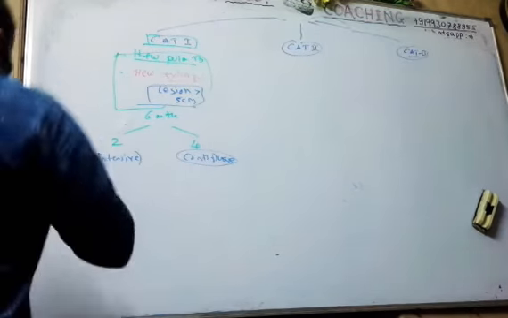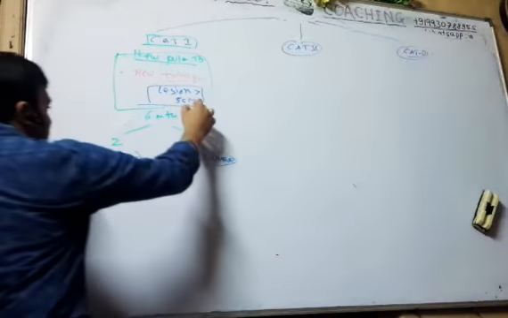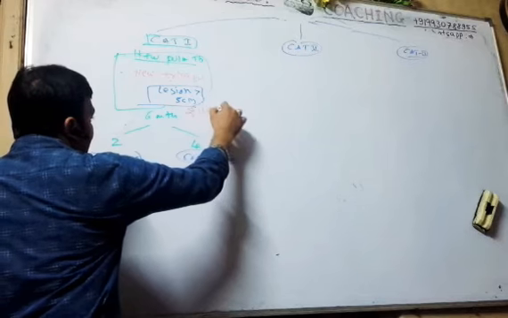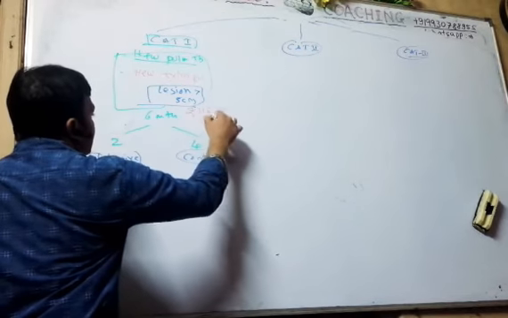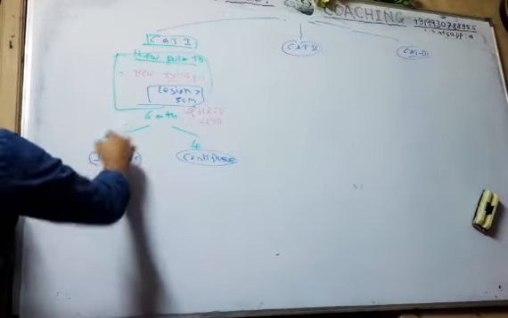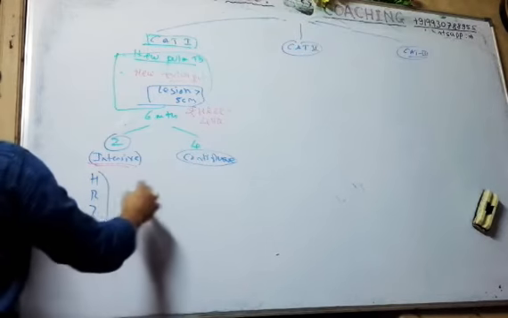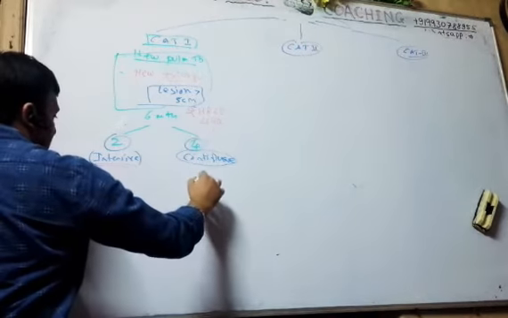In the intensive phase, I am going to give 4 drugs. The formula is like this: 2HRZE plus 4HR. For 2 months, I am going to give 4 drugs, HRZE, and 4 months 2 drugs.